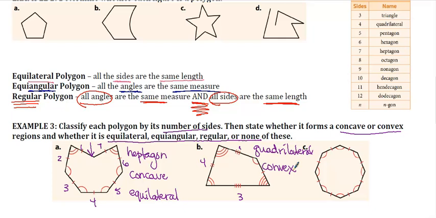And the last one, equilateral, equiangular, regular, or none. So notice it does have marks, but this side has one mark, this side has two marks, this side has three, and this side has four. So each side is a different length, it's telling us. Kind of like with the angles. This angle has one curve, this one has two. This angle has three curves, this angle has four curves.